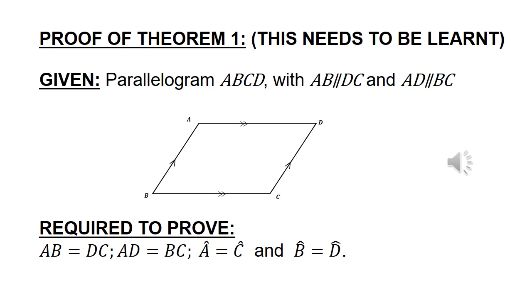And then they are asking you to prove that AB is equal to DC, so equal in length. They're asking you to prove that AD is equal to BC, and they're asking you to prove that angle A is equal to angle C, and that angle B is equal to angle D.